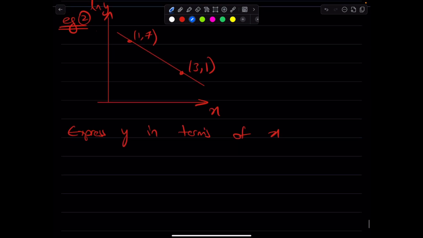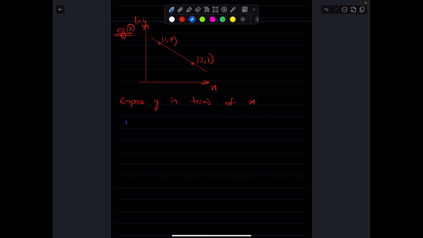Then, our second example. So we are given this graph. The first step will always be to find a gradient. Y2 minus y1 over x2 minus x1. And our gradient, as expected, would be negative, turns out to be minus 3. We'll use a point on the line and the gradient to form an equation in the form y is equal to mx plus c.